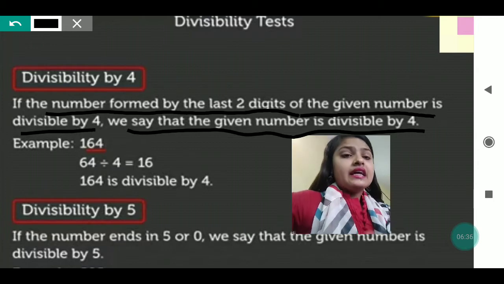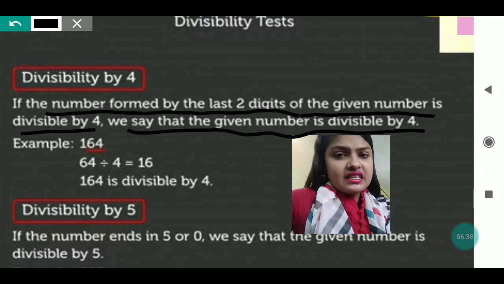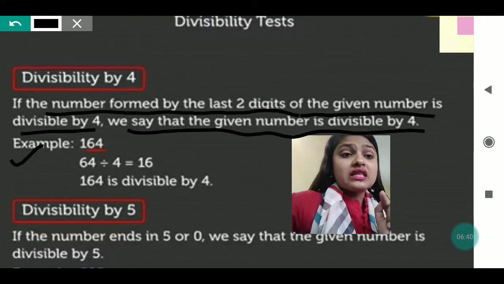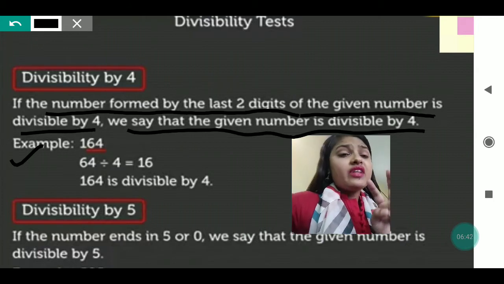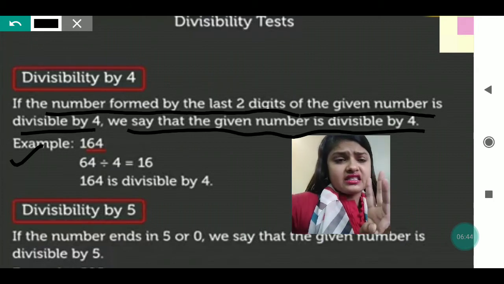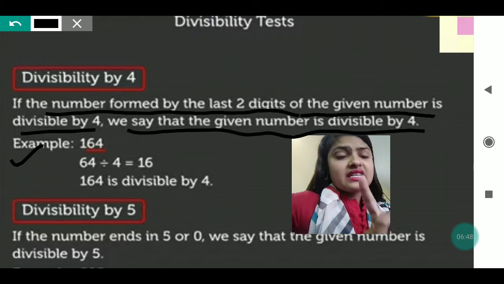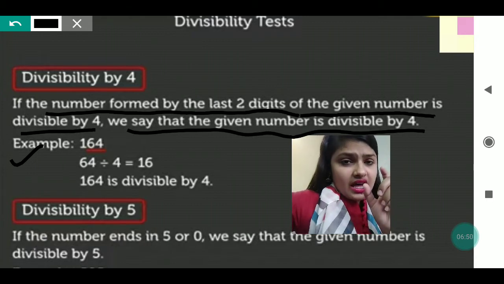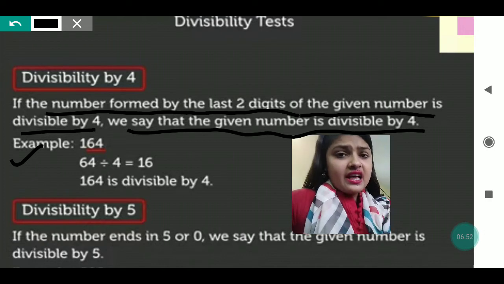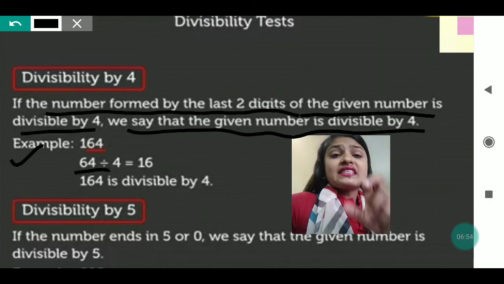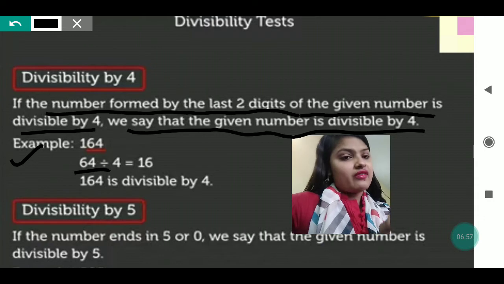It is saying that if any number is given, for example, I have taken one number, 164. There are three digits in this number: 1, 6 and 4. The last two digits mean 6 and 4. You divide that 64 by 4, and if that 64 is divisible by 4, it means that 164 is divisible by 4.